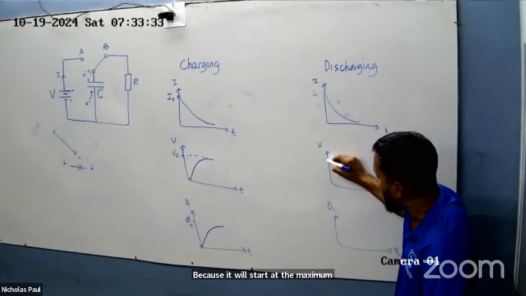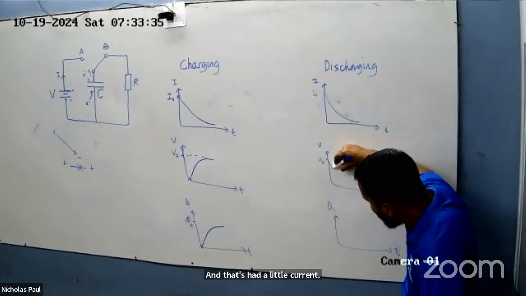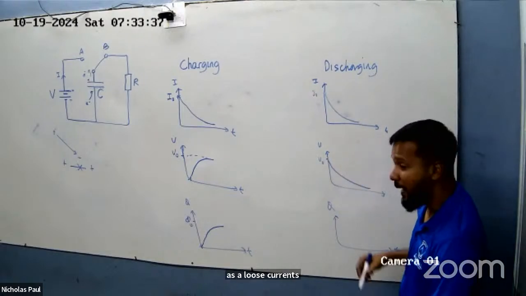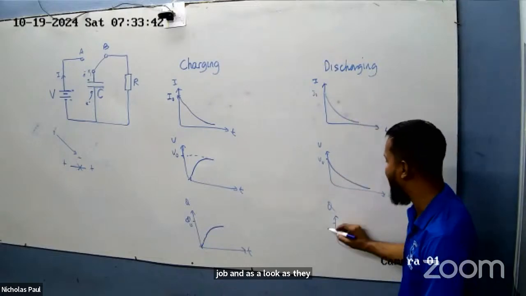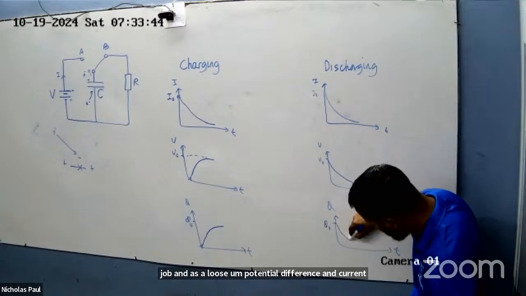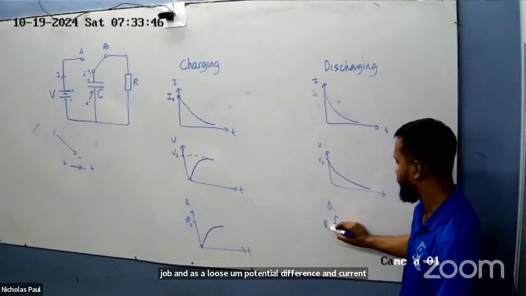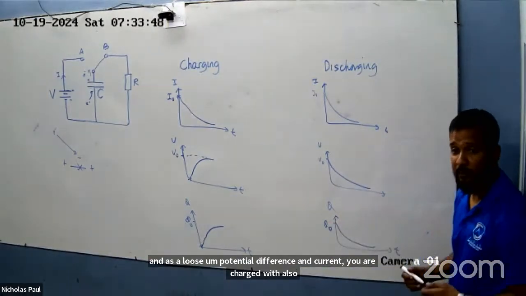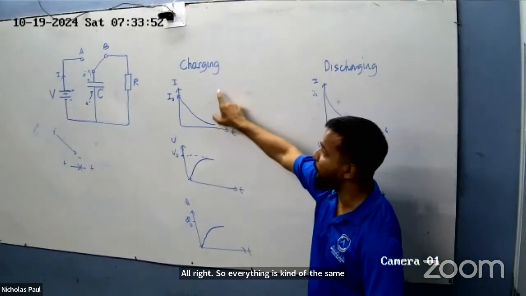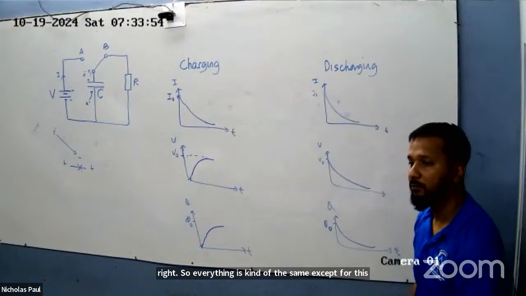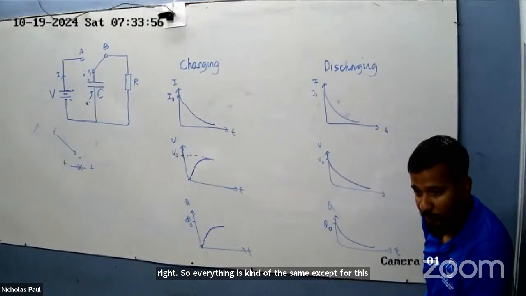As you lose current, your potential difference will drop. And as you lose potential difference and current, your charge will also drop. So everything is kind of the same except for this one during charging. Are you okay with that?